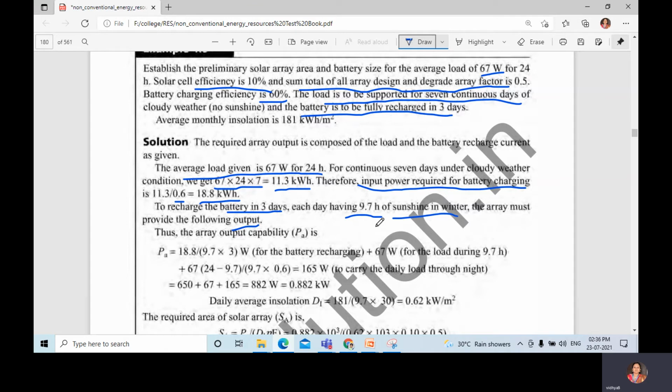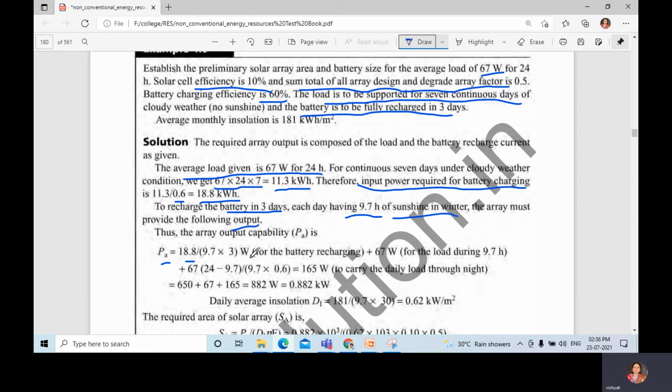How to recharge the battery in 3 days? PA is equal to 18.8 divided by 9.7 into 3.